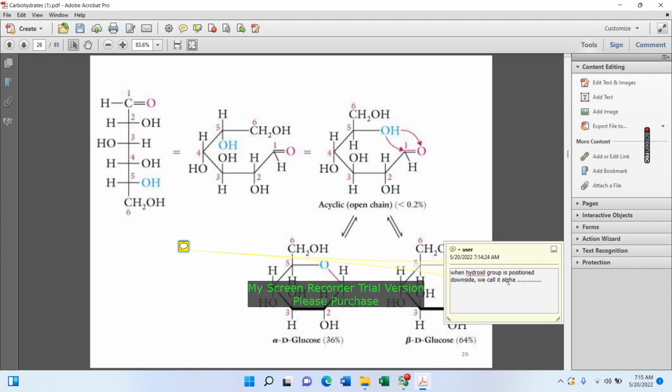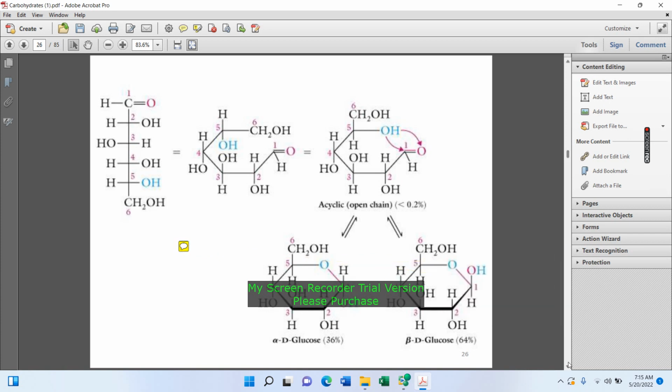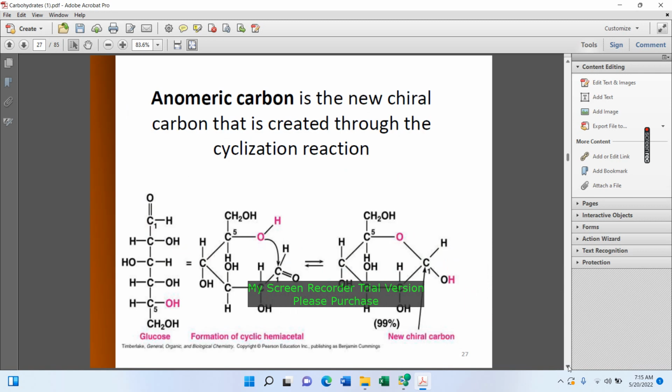Let's keep a blank because this molecule name can change. When the hydroxyl group is positioned upside, it's called beta, and then the molecule name. Okay, and then we'll go down.